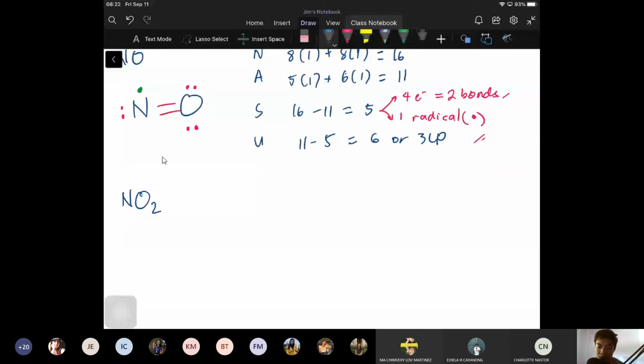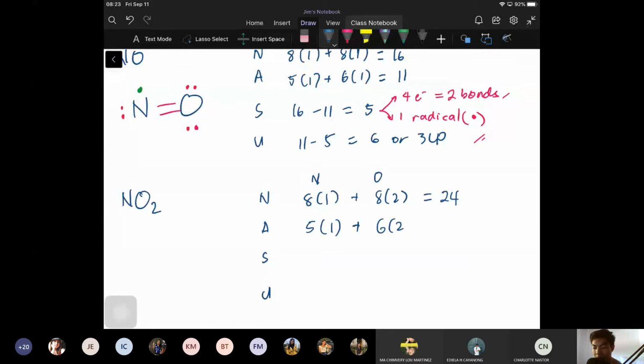So for NO2, we can use the NASO rule again. Again, nitrogen, as much as possible, dapat 8. Oxygen, 8 talaga yan. So 8, 16, 24. So 24. Available, nitrogen is 5.